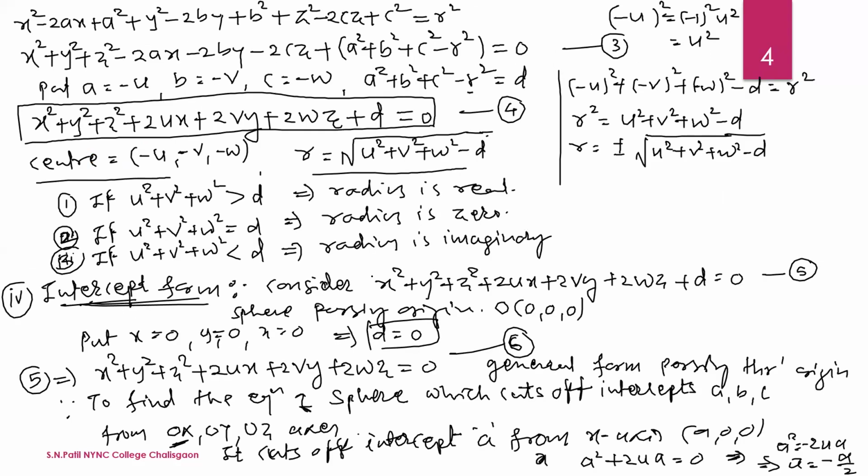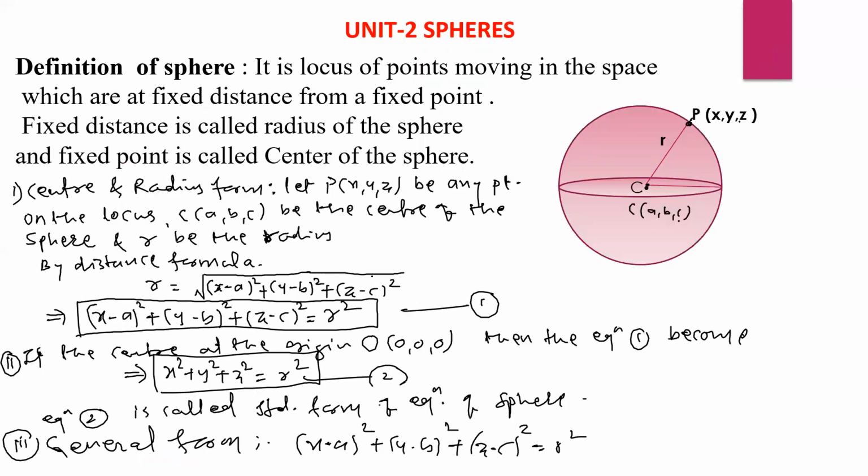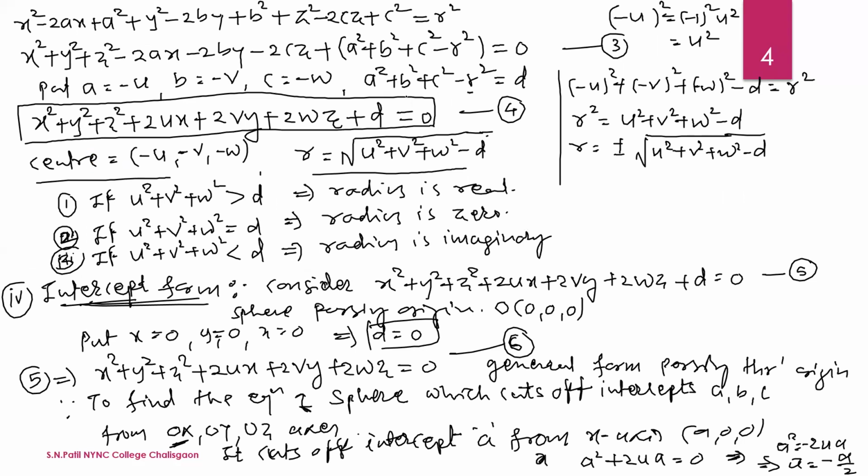The first is the definition, then the center radius form, and the standard form of the sphere, that is, center at origin. When we simplify the center radius form, we get the general form. The equation 4 is the general form with center (minus u, minus v, minus w) and radius under root u square plus v square plus w square minus d.